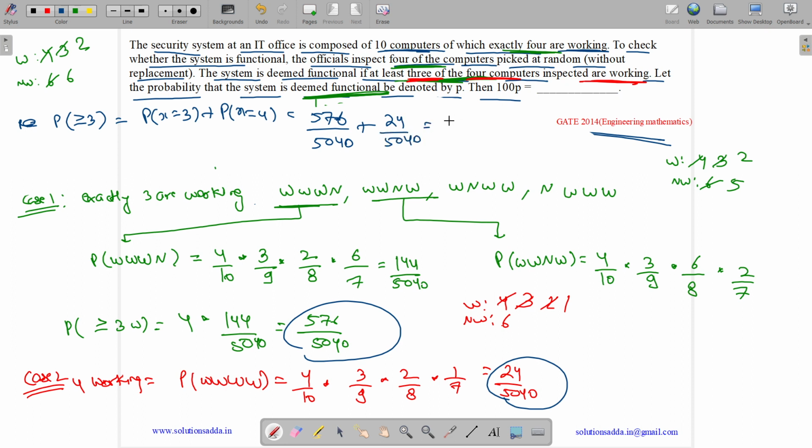So it comes out to be 600 by 5040, which is our value of P. So what is 100P? 100P equals 600 into 100 divided by 5040. If you compute it, it will come out to be 11.90. So the answer to this question is 11.90.